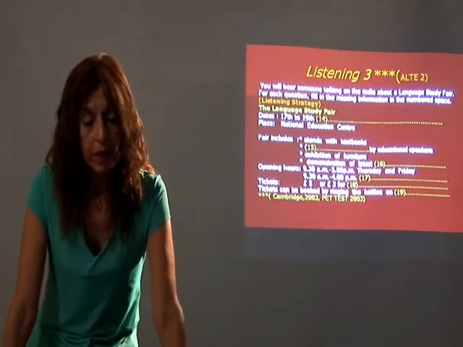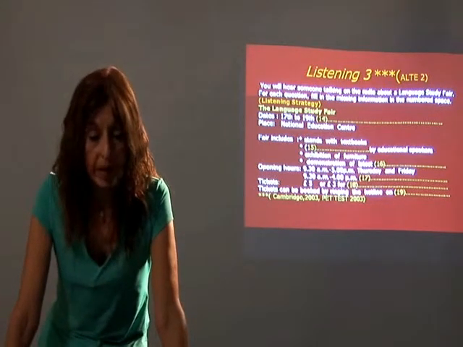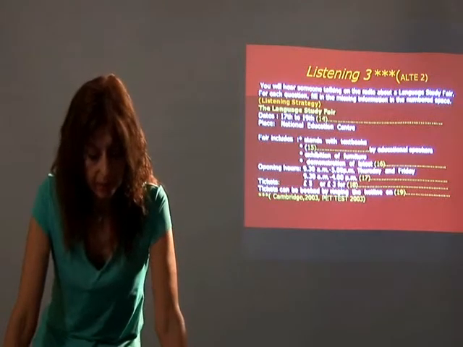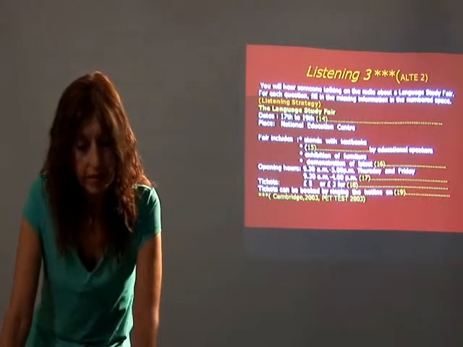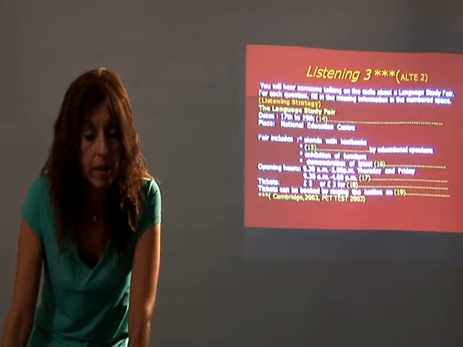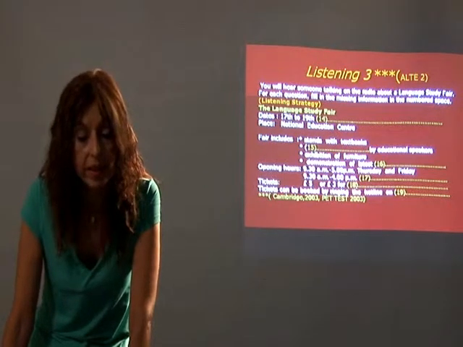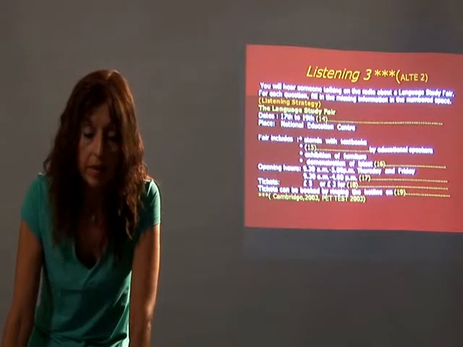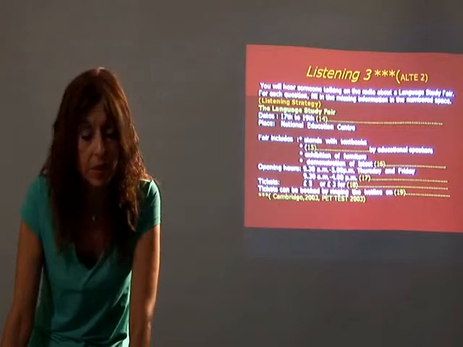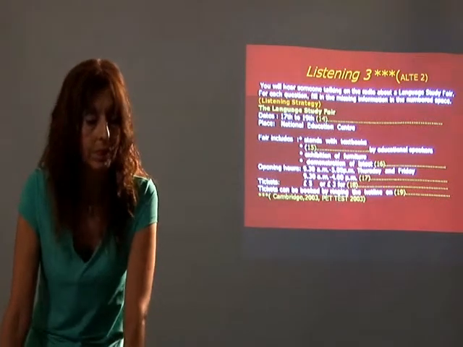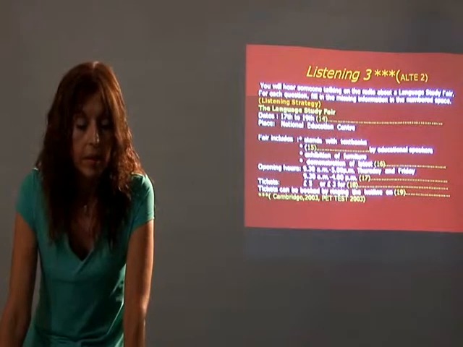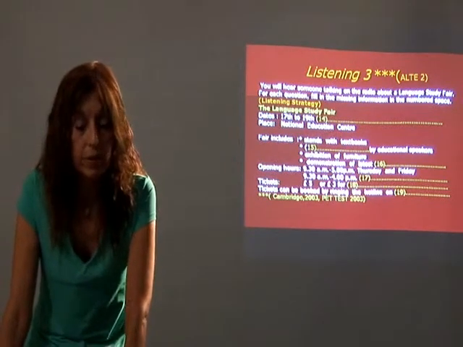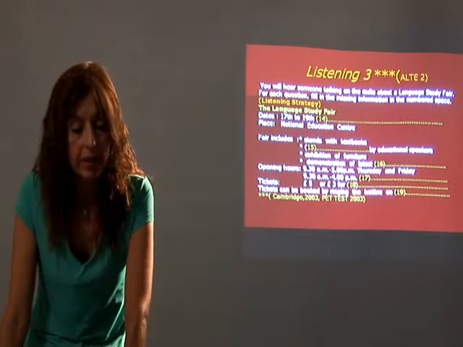In the case of opening hours, again, we have dates once more, and finally we have number 17 and 18. We have again times, and then 19, money, £5 or £3. Again, they need to anticipate.